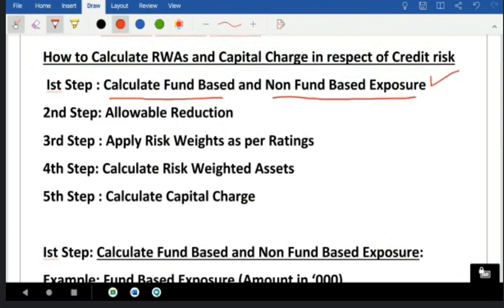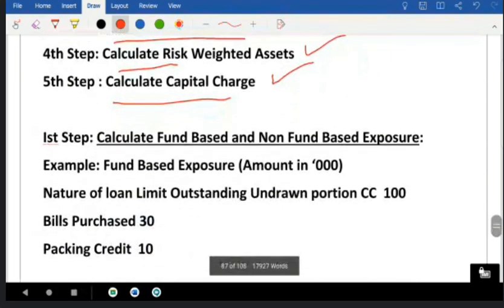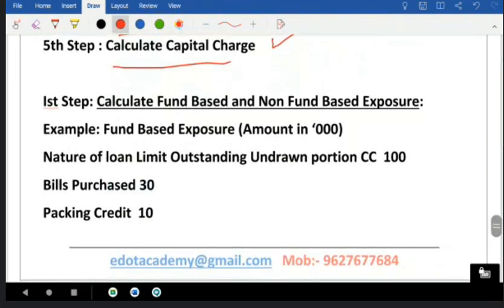Then allowable reduction, apply risk weight as per rating, calculate risk weighted asset, and calculate capital charge, that means how much capital you are going to charge on that. Now we'll see one numerical. Same five steps we follow. Calculate fund based and non-fund exposure.